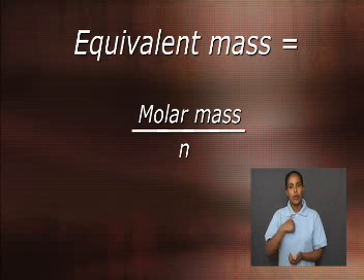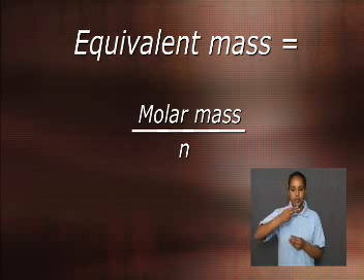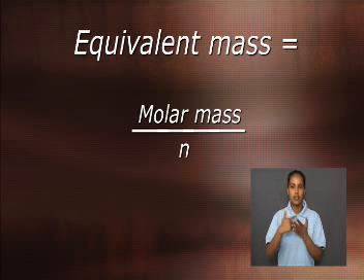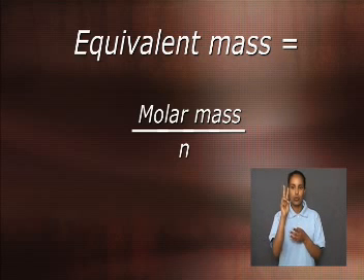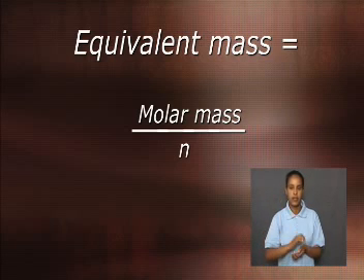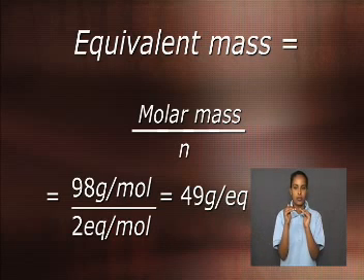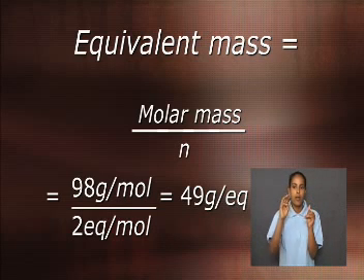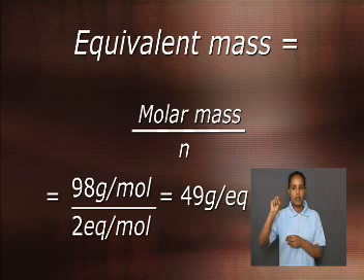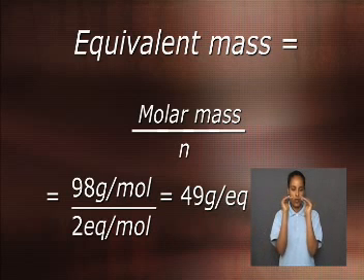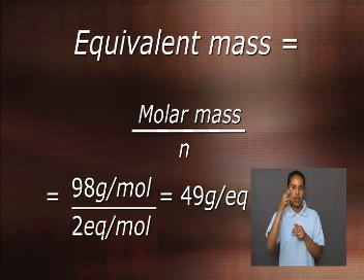We know the molar mass of sulfuric acid is 98 grams per mole, and that it furnishes 2 moles of hydrogen plus ions. Therefore, N equals 2. Dividing the molar mass by N gives us the equivalent mass, which is 49 grams per equivalent.